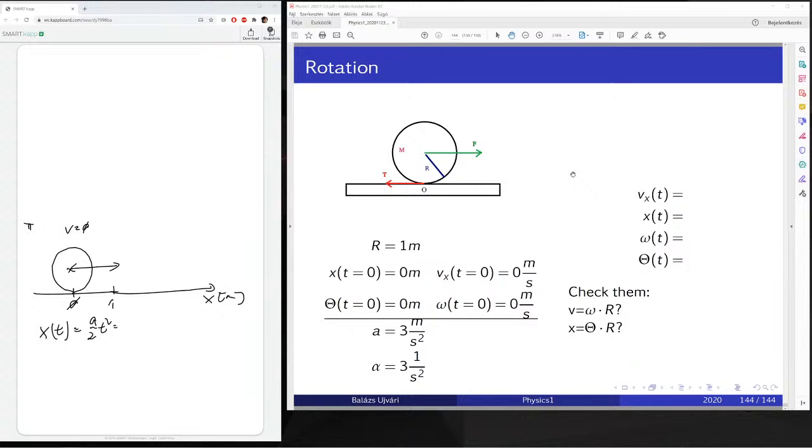So if I ask where is the body at 10 seconds, that will be at 175 meters.